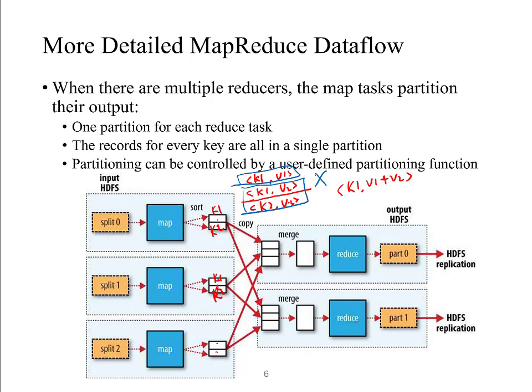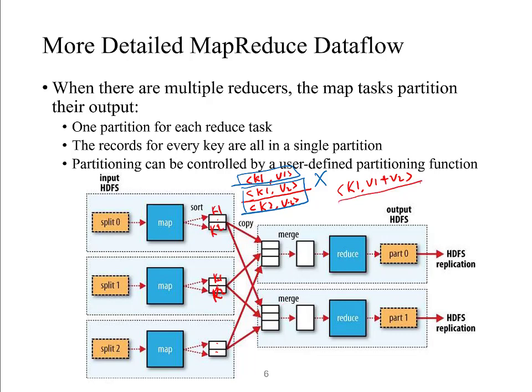Otherwise, if reducer 1 only has data of key 1 from mapper 1, and reducer 2 has data of key 1 from mapper 2, again, because they cannot interact with each other, it is impossible for us to grab such information. And the partition can be controlled by a user-defined partitioning function.